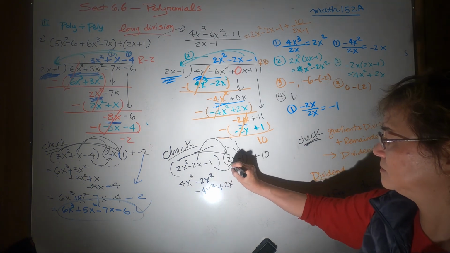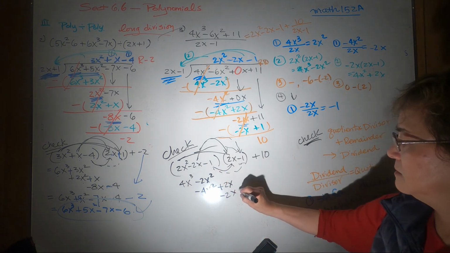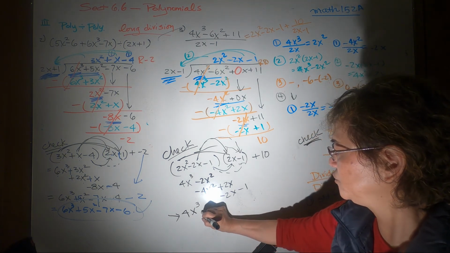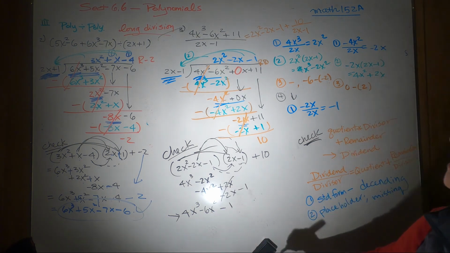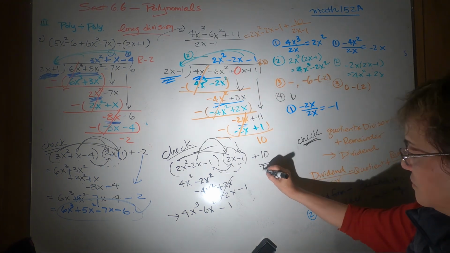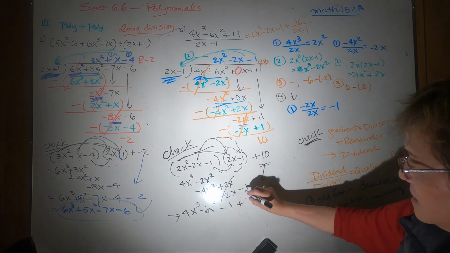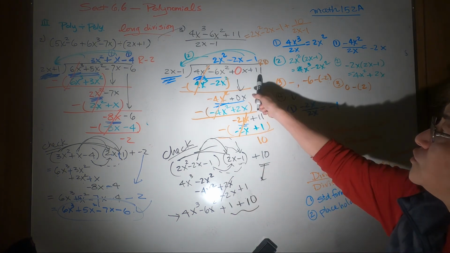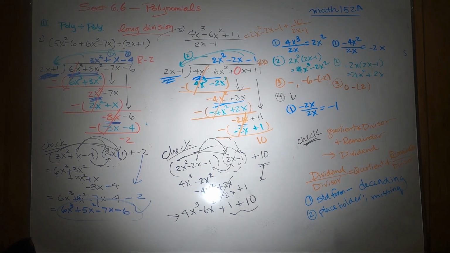For the third term, negative 2x, and the last one, minus 1. So what do we have? 4x cubed, minus 6x squared, cancel out, plus 2x minus 2x cancels out, and minus 1 plus 10 gets your 11.